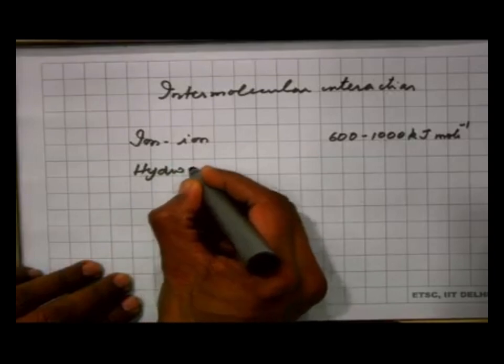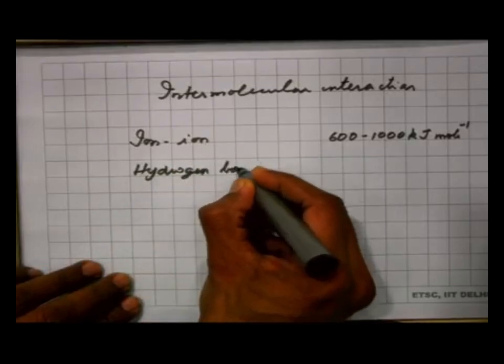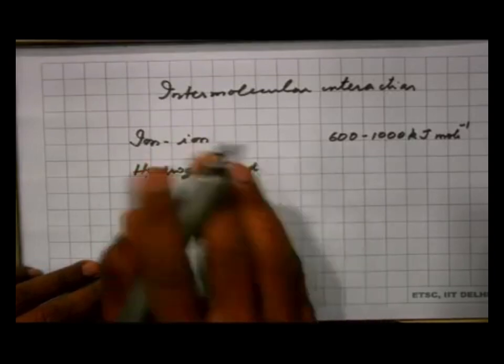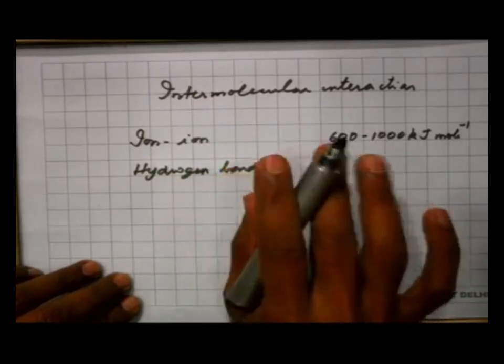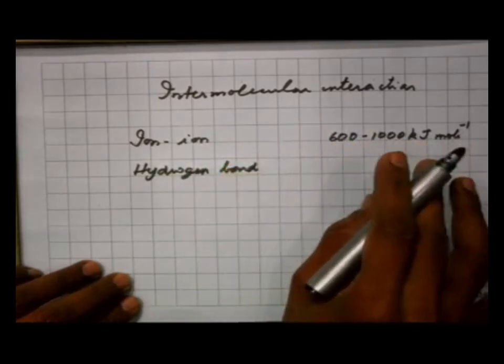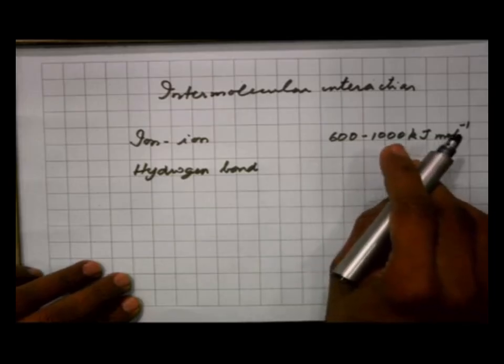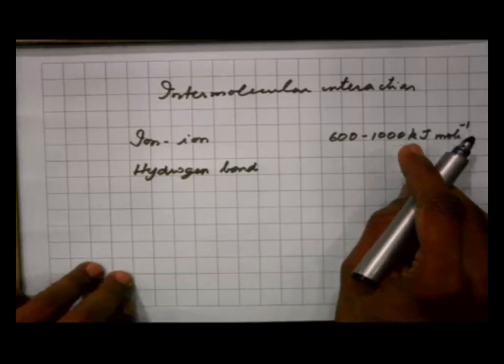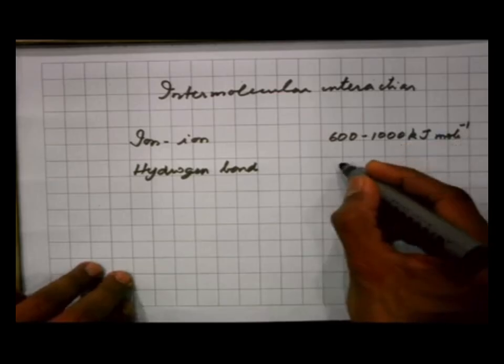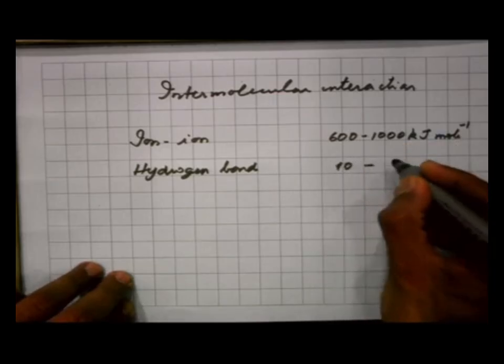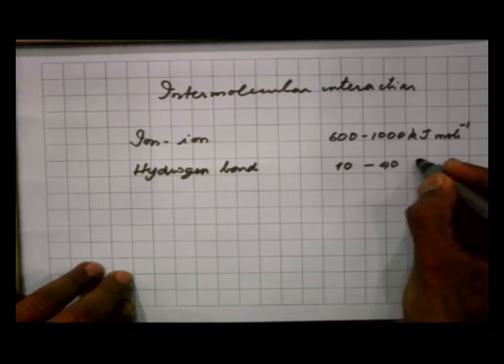The next one that we have is hydrogen bond. If you are unable to figure out what a hydrogen bond is, that we will do by the time we finish this unit on intermolecular forces. This hydrogen bond, the typical energies are 10 to about 40 kilojoules per mole.